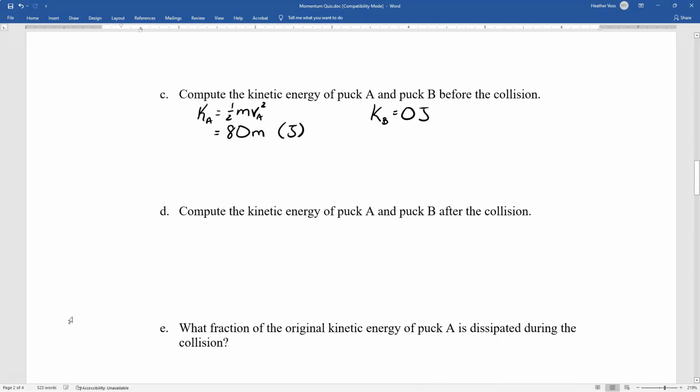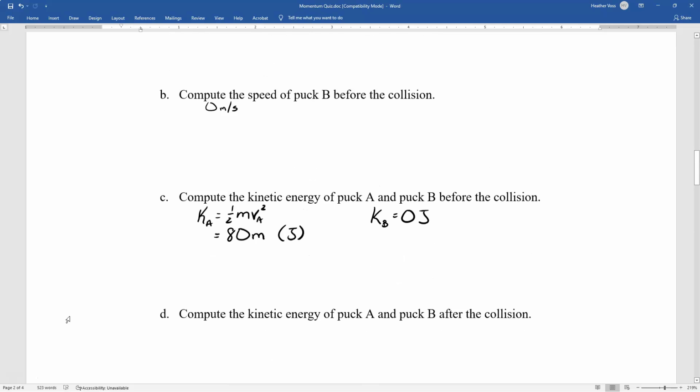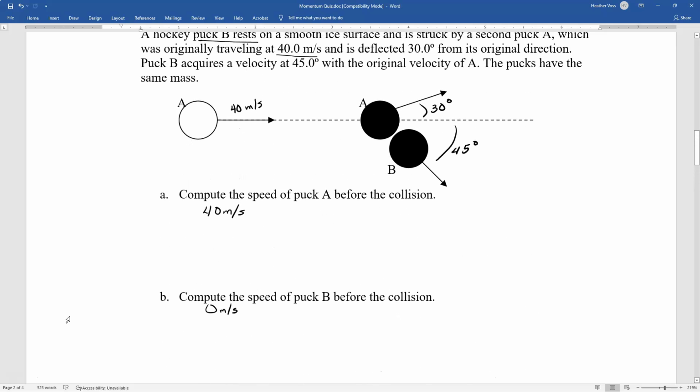Now, if we want to know the kinetic energy of puck A and puck B after the collision, we need to figure out their velocities after the collision. So what are we going to do? Well, we need to recognize that the momentum in the y direction before is going to equal the momentum in the y direction after.